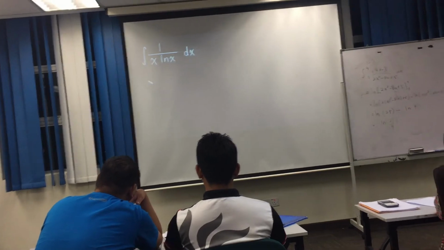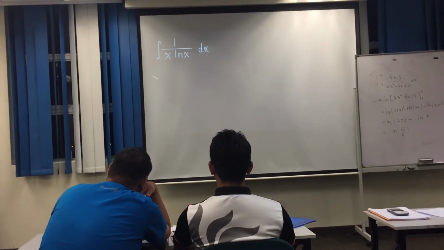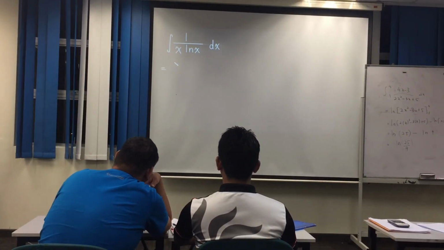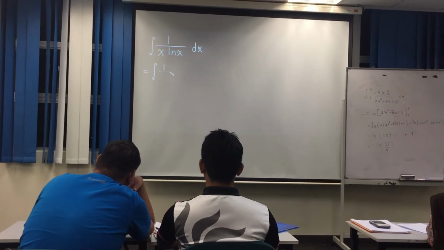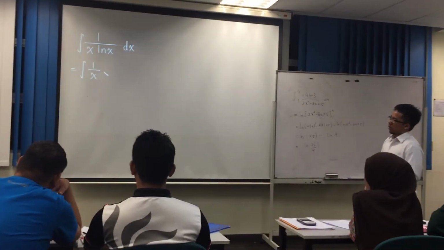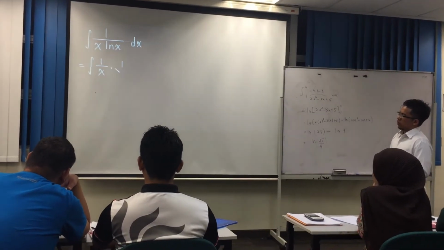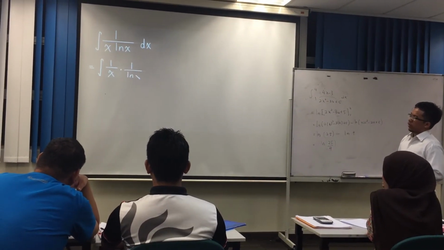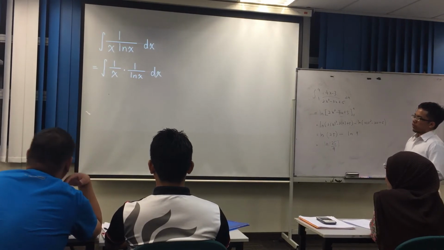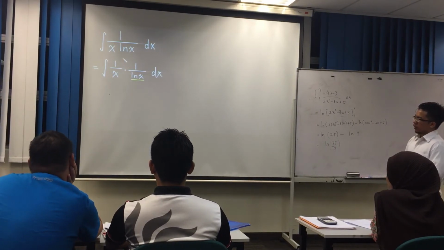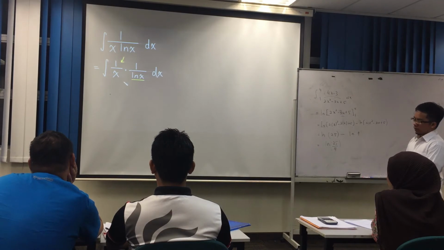So this is just really a matter of how well you know your fractions. We can rewrite this integral as 1 over x times 1 over the natural log of x. And maybe now it's easier to see. The derivative of this is this.